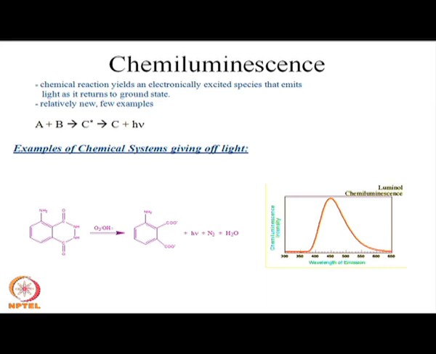So, this is cyclic phthalic hydrazide. Okay. So, when you treat it with oxygen and OH minus, in alkaline condition, it is giving rise to H nu plus N2 plus water.